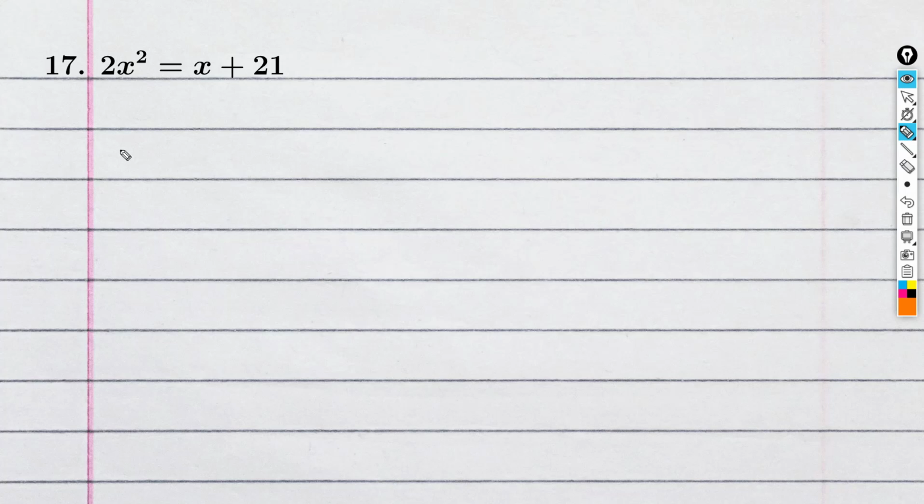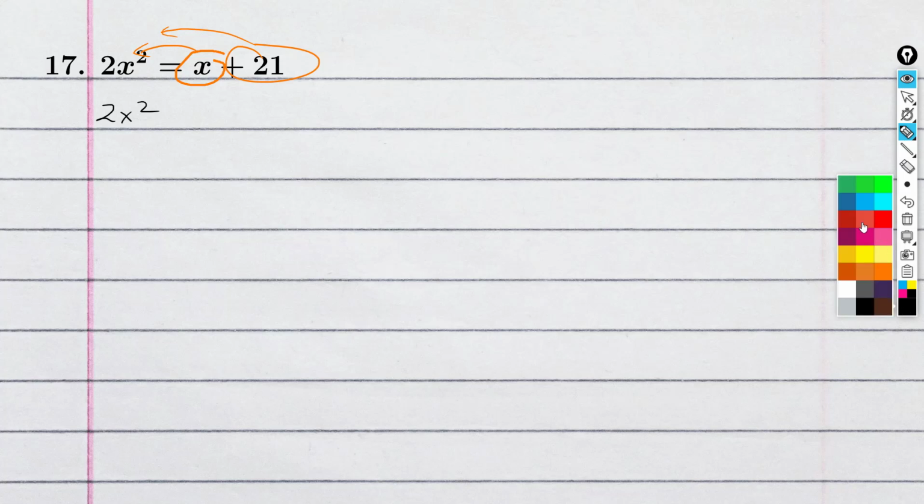So number 17, we have two terms over here on the right-hand side that we need to move to join the left. So we need to move both of those over. So we're going to keep the 2x squared just like it is. And when we move the positive x to the left-hand side, it's going to become negative x.